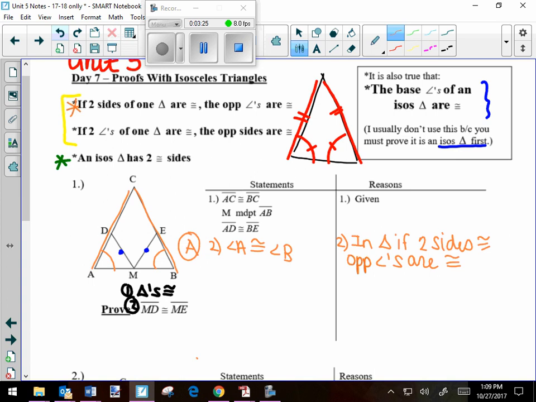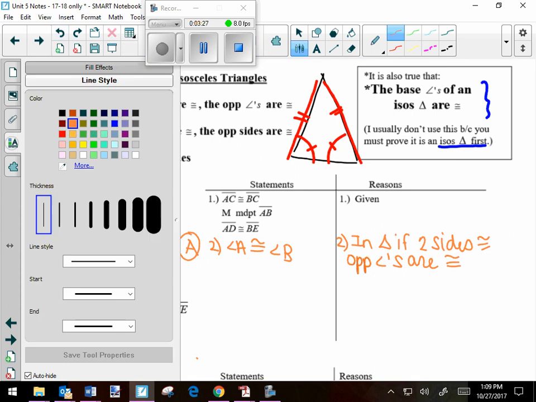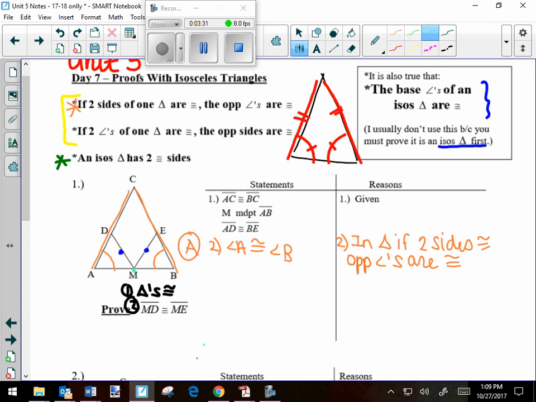If I continue on in this proof, my second given is that M is the midpoint of AB. So if M is the midpoint of AB, I know that I have these two segments that are congruent, one in each triangle. So I have AM congruent to MB. And that is from the second given. And we know that whenever we have a midpoint, it divides a segment into two congruent segments.